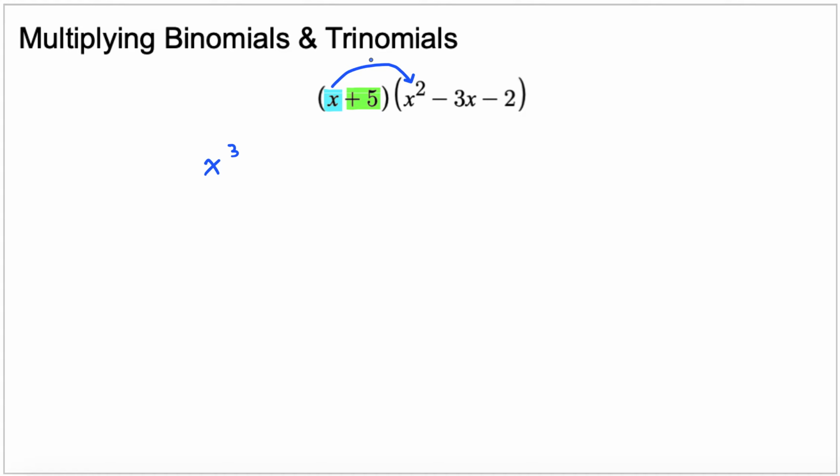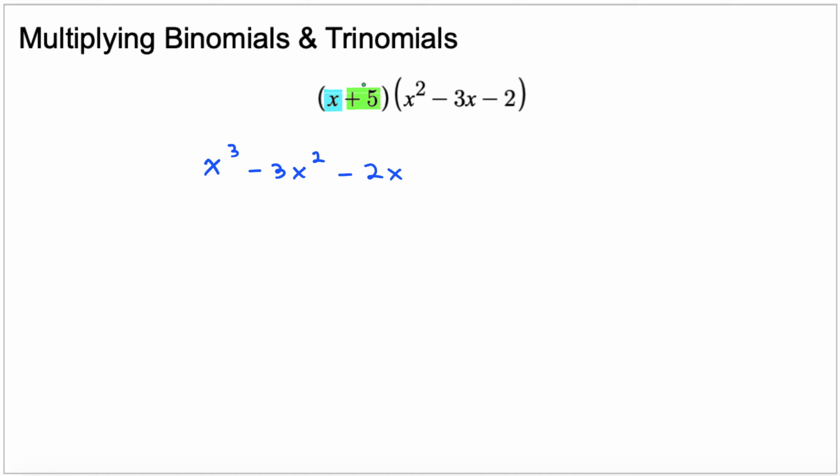And then I have x times -3x, which is going to give me -3x squared, because we have x times x. And then we have x times -2, which is going to give me -2x. And then we are going to address our second term in that first group.